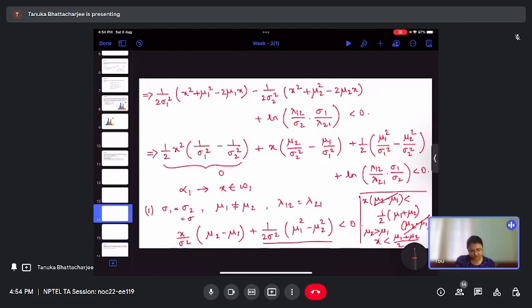So let us first take the general expression for the classifier. I will write it down once more.